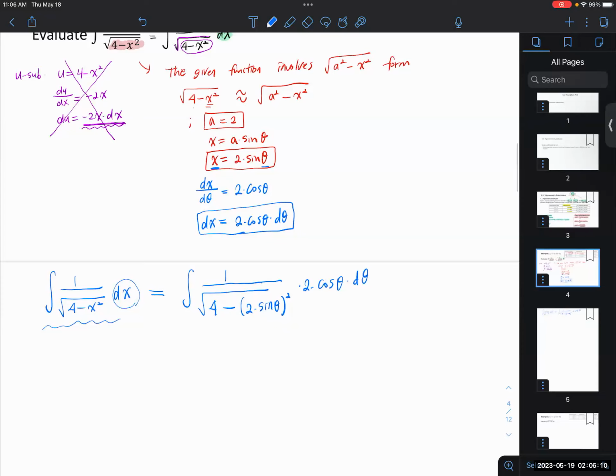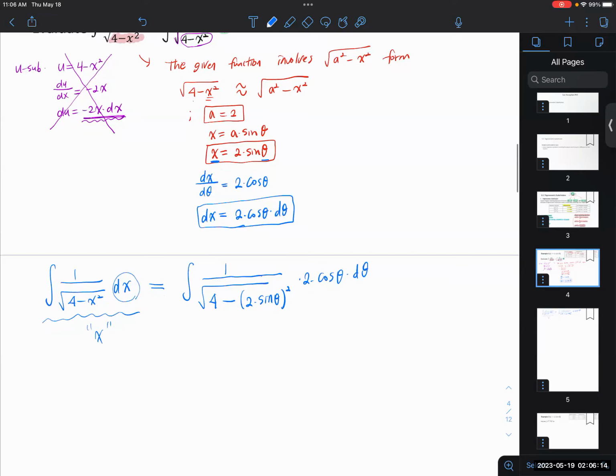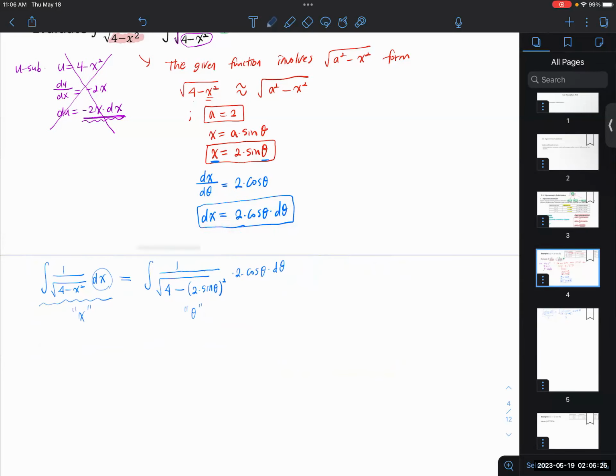The original equation was with respect to x, but now the new one is with respect to theta, correct? So now maybe we can solve this question by taking the integral with respect to theta.